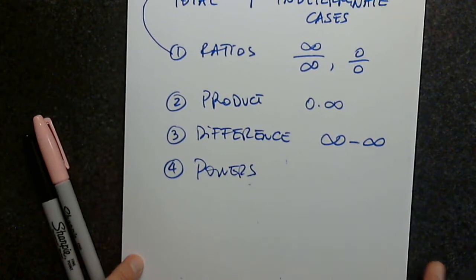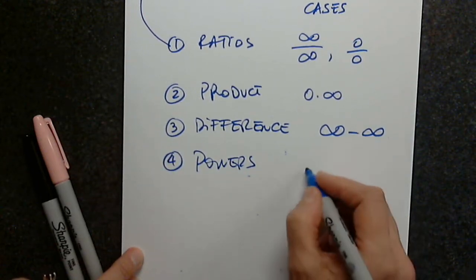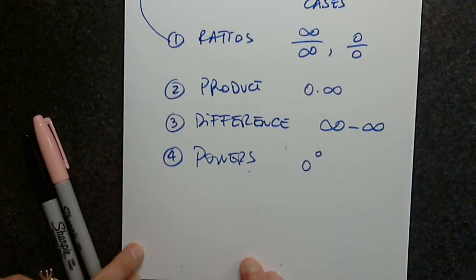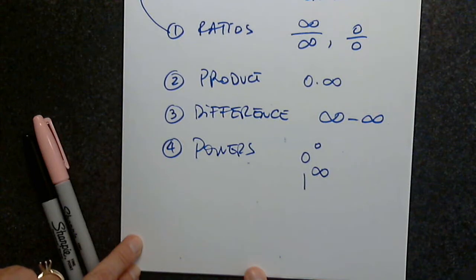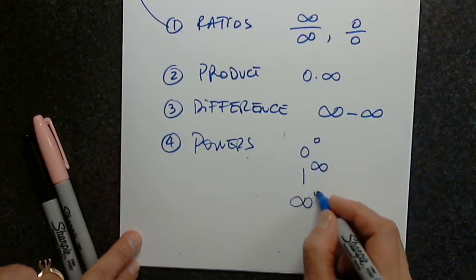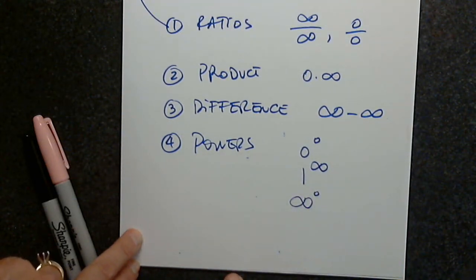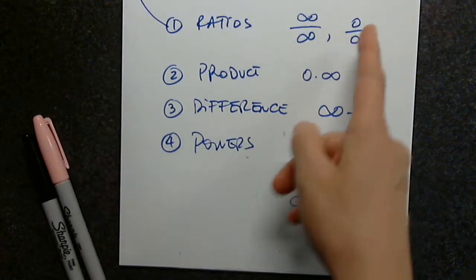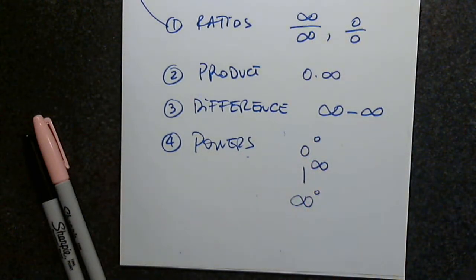There are 3. 0 raised to 0 is an indeterminate case. 1 raised to infinity: indeterminate. Do not conclude. You have no idea. It could be e, it could be e squared. We don't know. And the last one is infinity raised to 0. You can't conclude, you don't know. It can be anything. That's why they're called indeterminate. 7: 1, 2, 3, 4, 5, 6, 7.